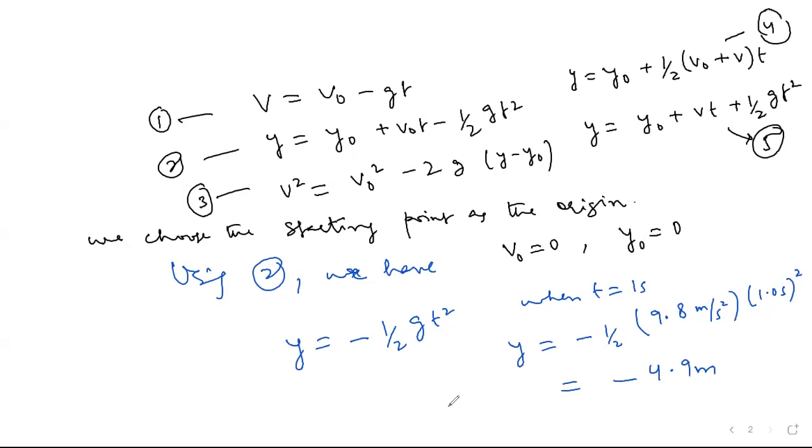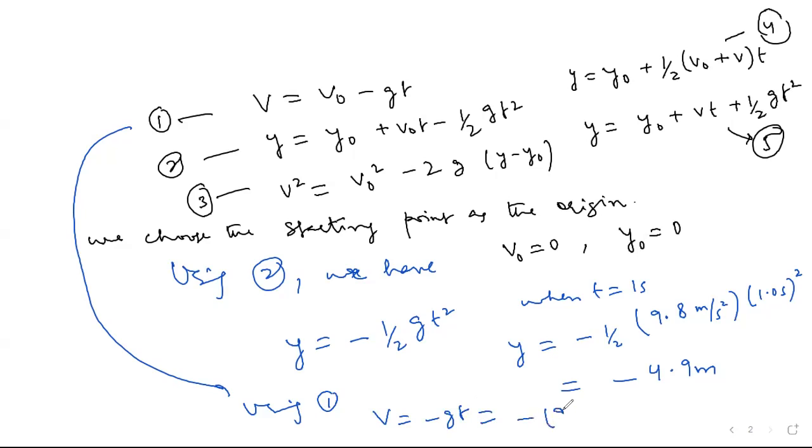How to find the velocity at t is equal to 1 second? We can use this equation, using first: v is equal to v naught, which is 0, minus gt. Put the values, that is minus 9.8 meter per second square times 1 second.